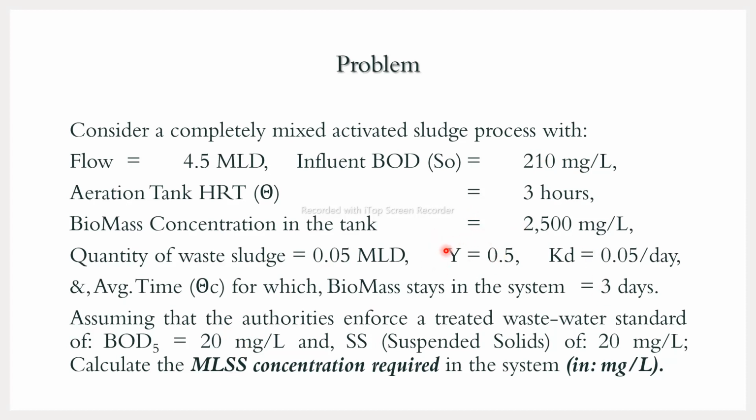And what is yield, as I told? It is basically the biomass that is getting generated divided by this difference. So whatever they will be eating, 50% of them will multiply.